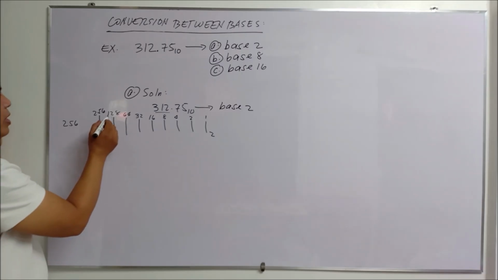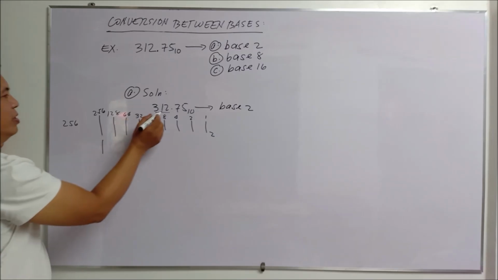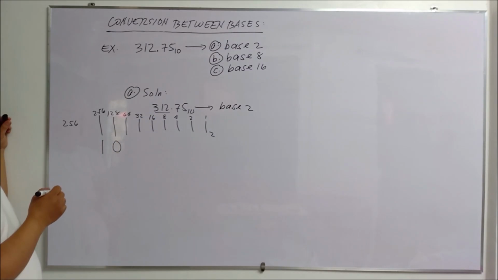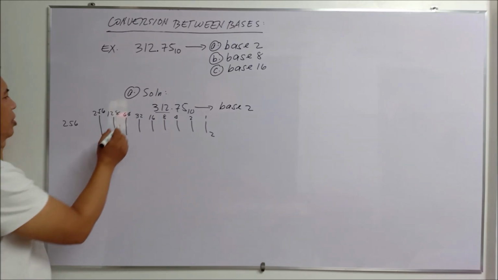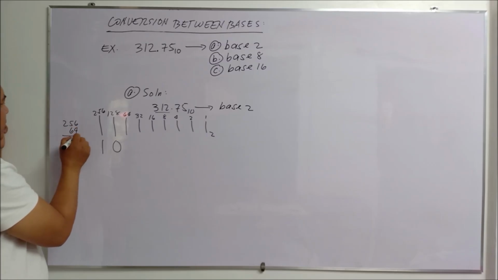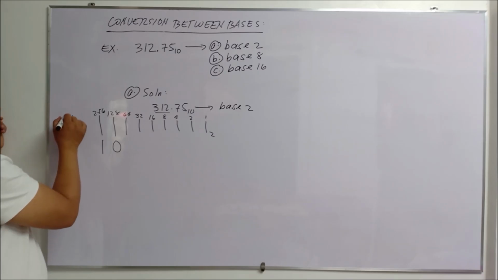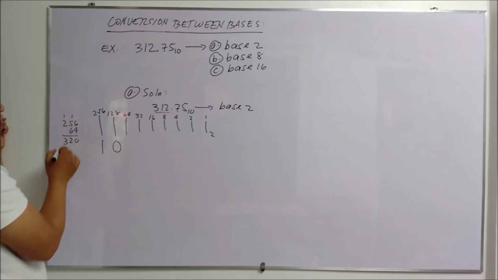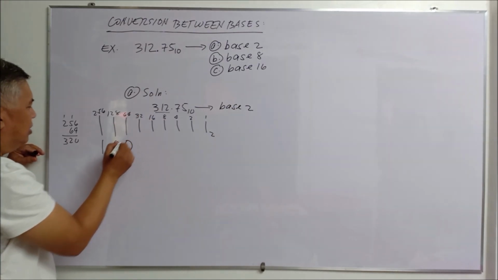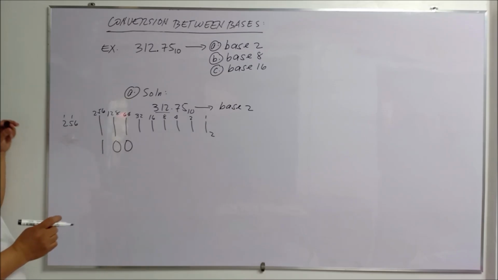If you add 128 to 256, that is more than 312, so you make this 0. 128 will not be added. So if you try 64, you have 10, carry 1, 11, 12. Then carry 1, 320, which is more than 312. So you make this 0.